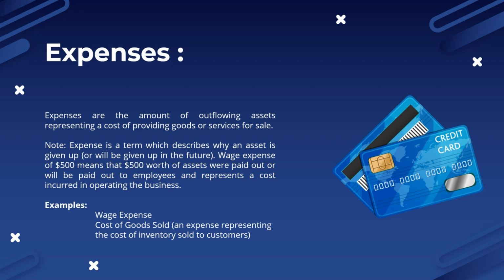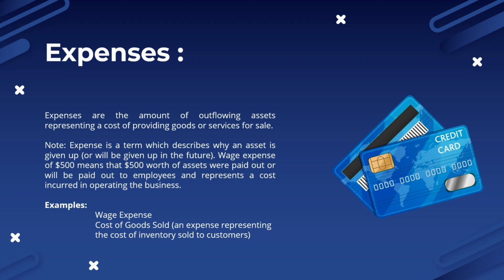If I take $500 worth of cash assets and pay it to employees helping me provide goods and services, this is an expense in the amount of the outflowing asset. Usually, when we actually reflect expenses on the income statement, we'll try and be as descriptive as possible. Explain usually what kind of cost it was. For example, if we paid wages to employees, let's call it employee expense or wage expense.